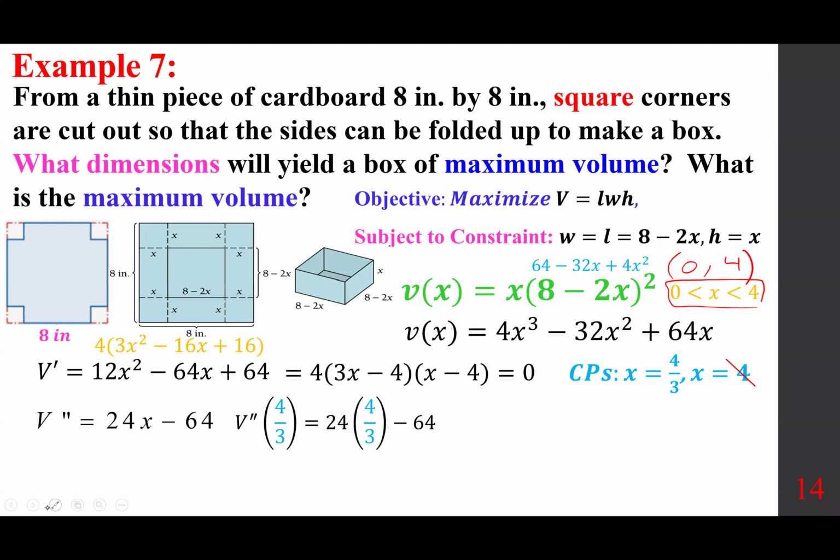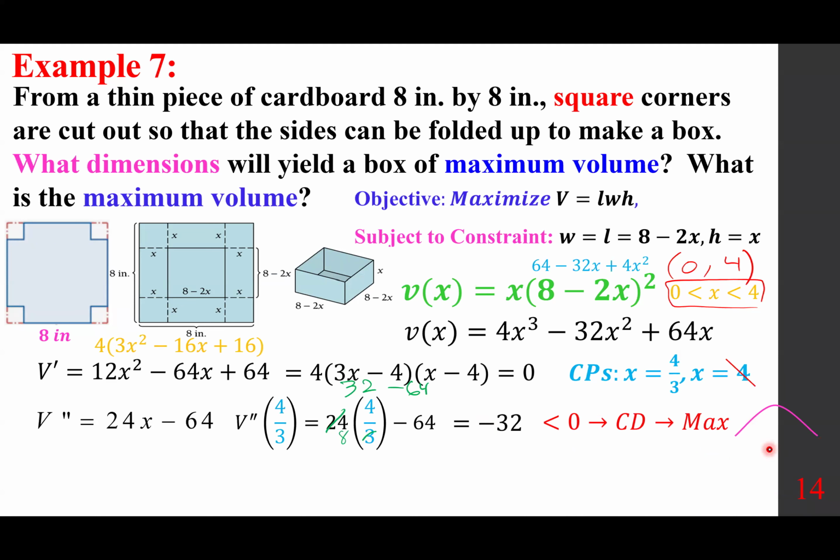So 24 cancels out the 3, gives us 8 times 4, 32 minus 64. Negative 32. And please understand, we are interested in the sign. Negative means concave down, means maximum because of the shape.